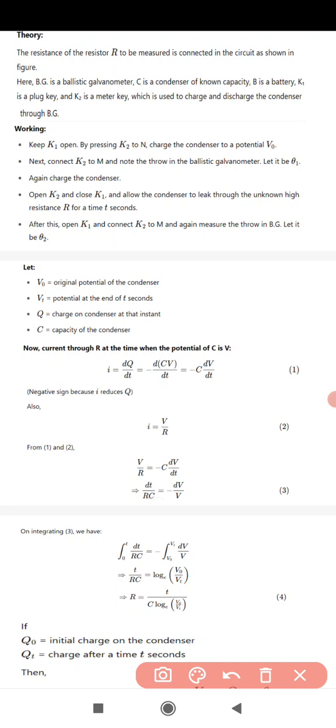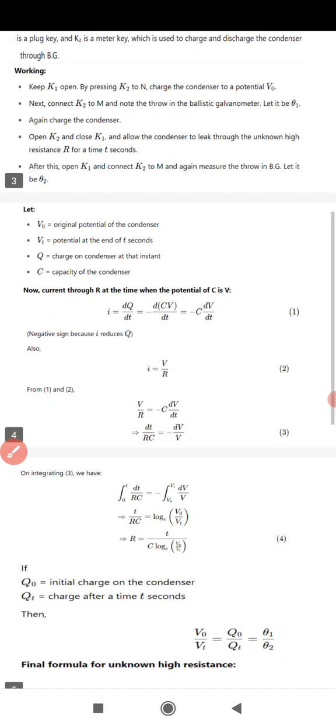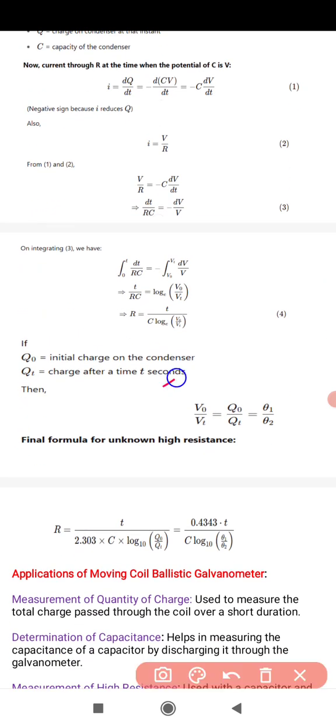If Q naught is the initial charge of the condenser and Qt is the charge after time t seconds, then V naught by Vt is equal to Q naught by Qt, which is also equal to theta 1 divided by theta 2.